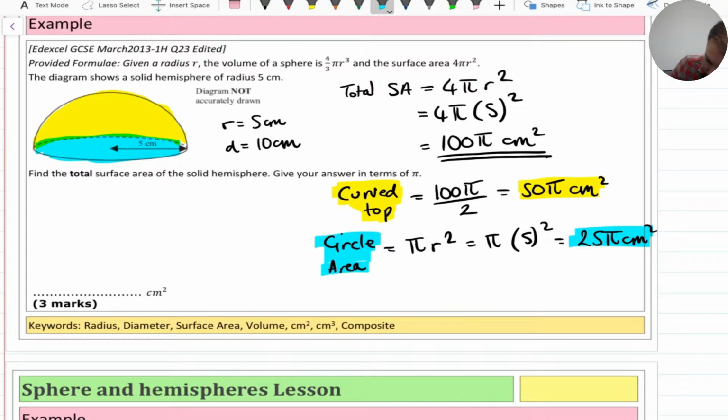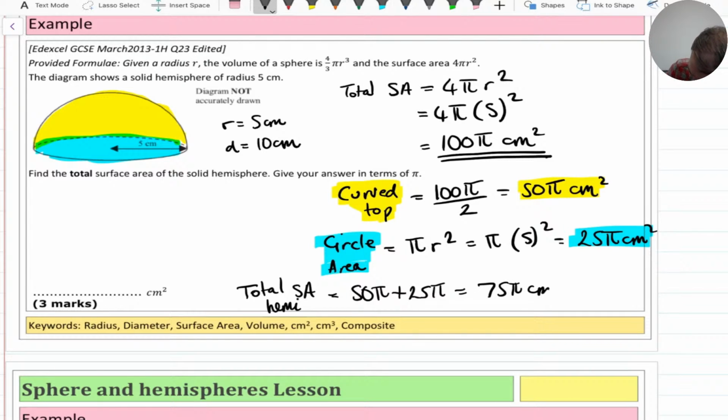So the total surface area of the hemisphere is equal to 50 pi plus 25 pi, which is equal to 75 pi centimetres squared.